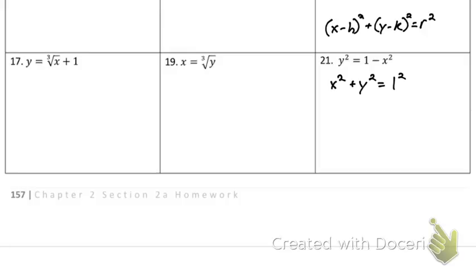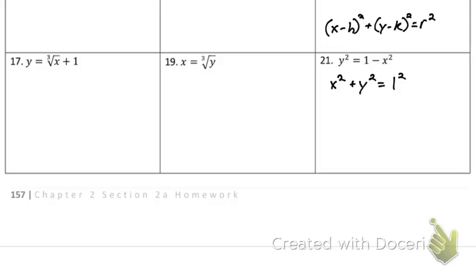Note there is no h and there is no k, so both of those must be 0.